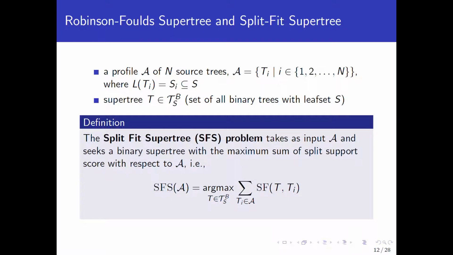Similarly, in the split-fit supertree problem, we want to find a binary supertree that maximizes the sum of split support scores with respect to the source trees. As we mentioned before, Robinson-Foulds scores and split support scores are complements of each other, so it doesn't come as a surprise that minimizing Robinson-Foulds scores and maximizing split support scores are equivalent.